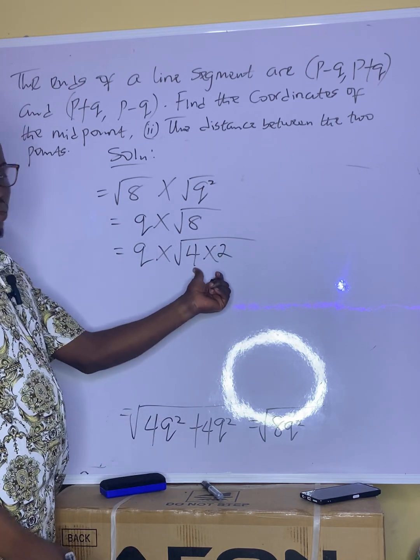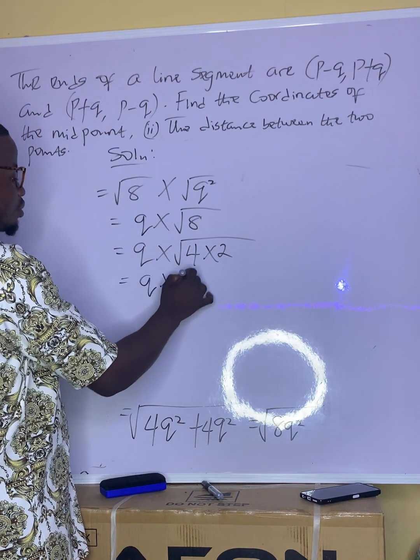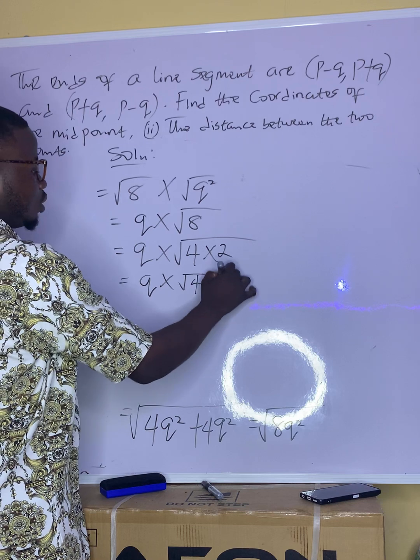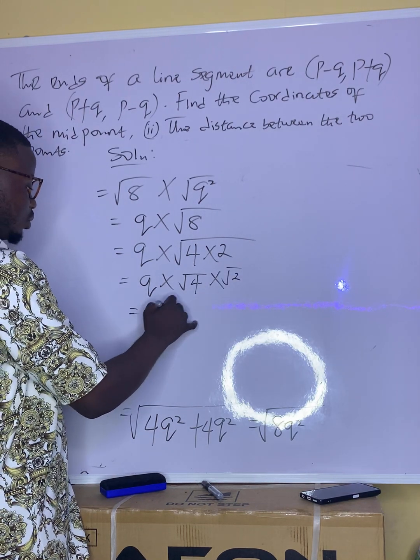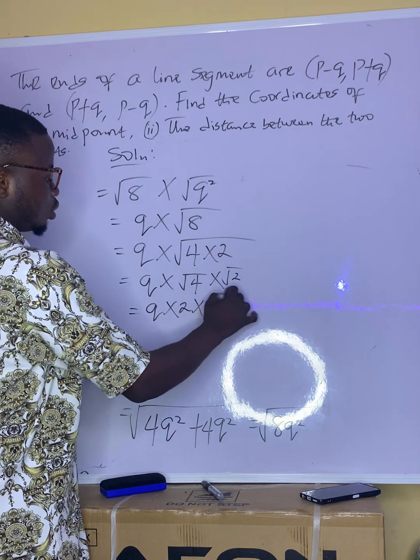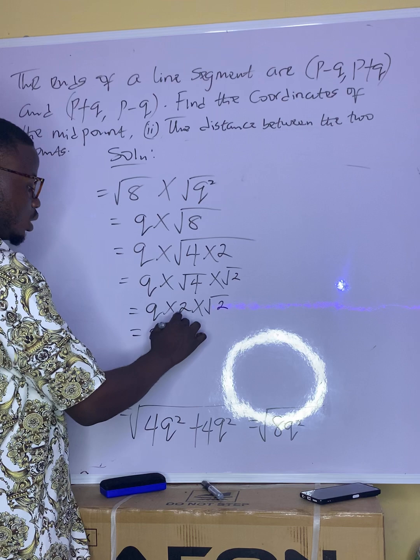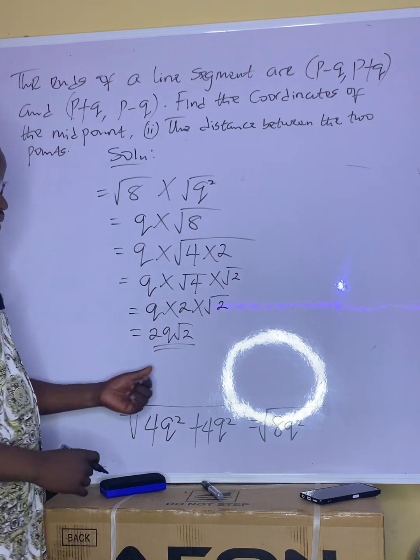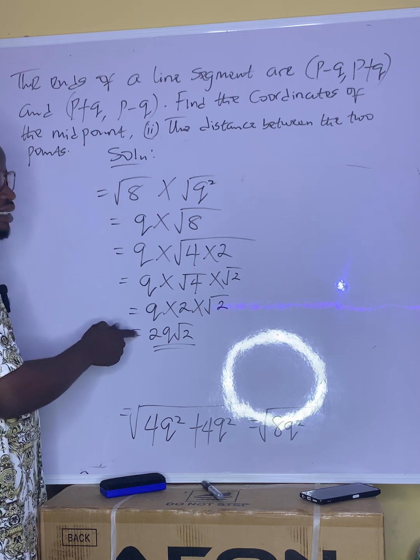So now we can find the square root of 4. So here we have Q times square root of 4 times square root of 2. So we still need to simplify further. So this one will give us Q times 2 times square root of 2. So now that will give us 2Q square root of 2. So this is the final answer. So this is the distance between the 2 points, that is the length.